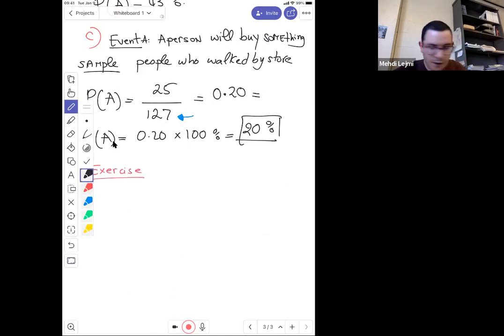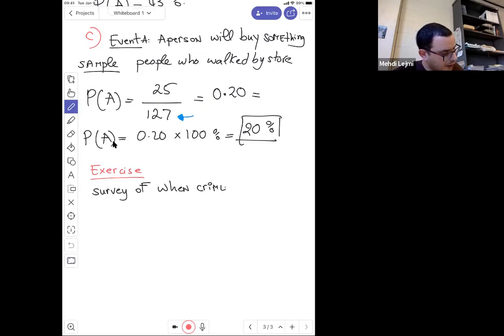All right, so let's say we have a survey of when crimes are committed in the Bronx. Here's the time, and here's the number of crimes.